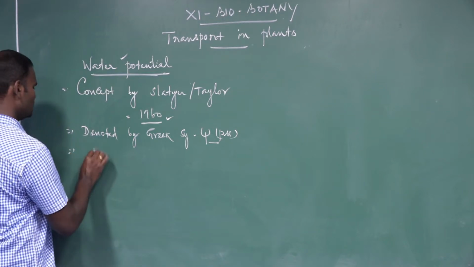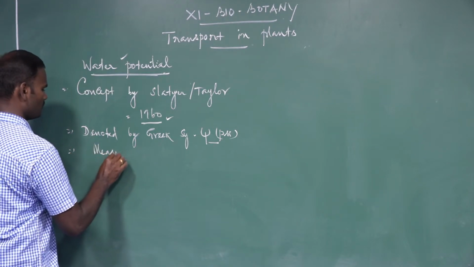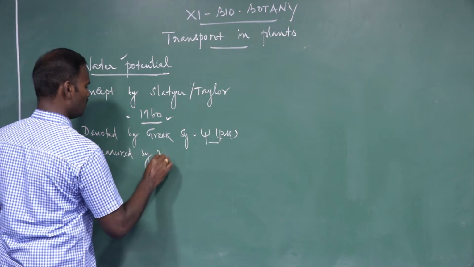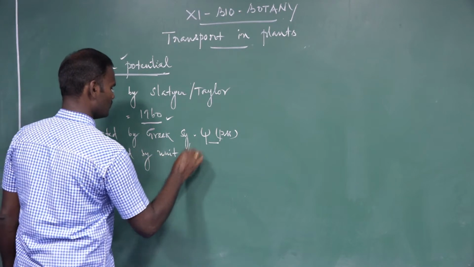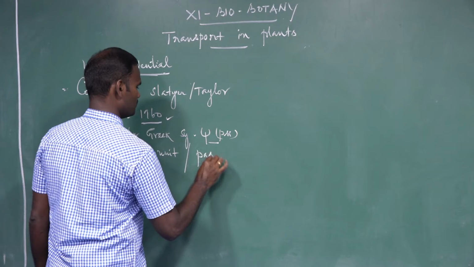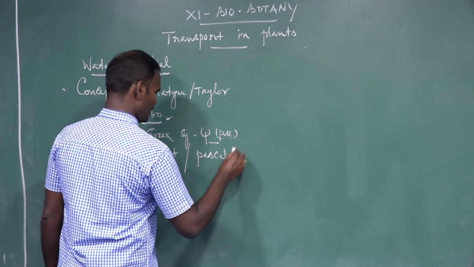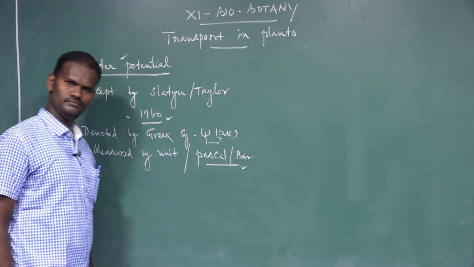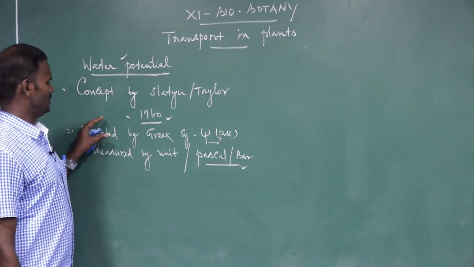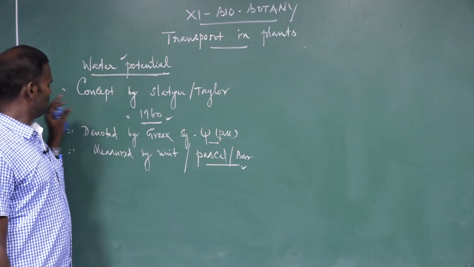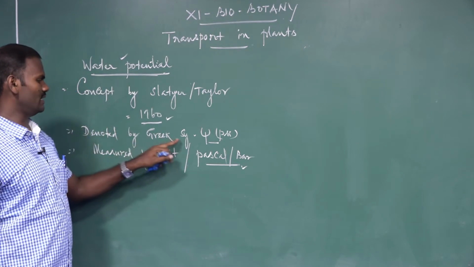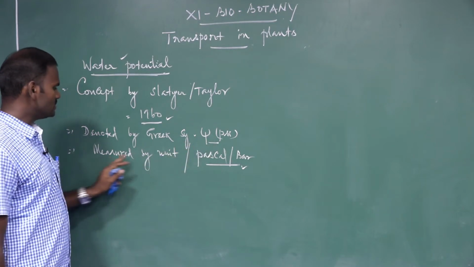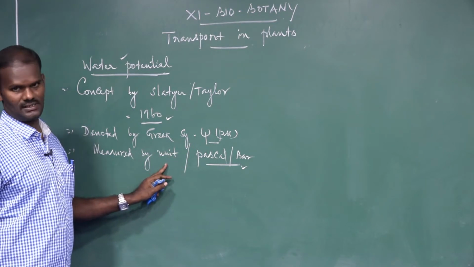It is measured by a unit called Pascal, or also called bar. So these are the related terms for water potential. The term water potential, denoted by the Greek symbol psi, is measured by the unit called Pascal.